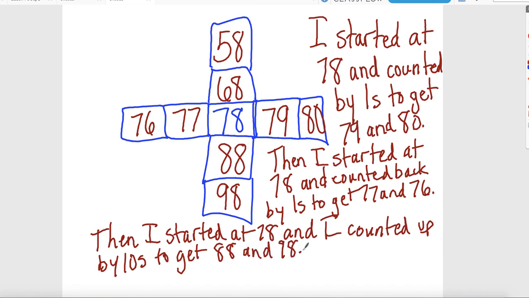And then last, what did I do last? What did I do last, Gwen? I started where? Last I started at 78. And what did I do to get the last two numbers?